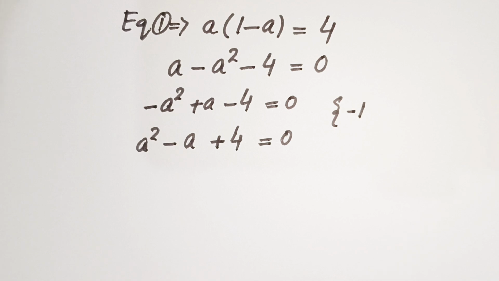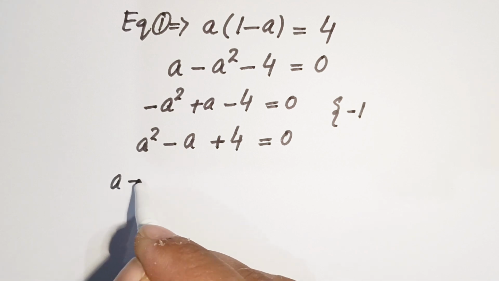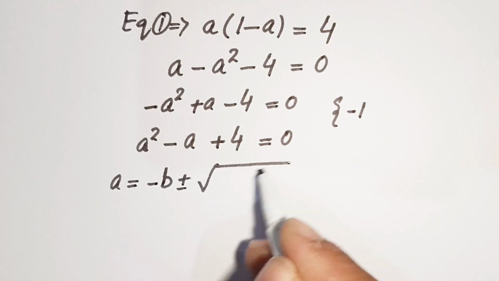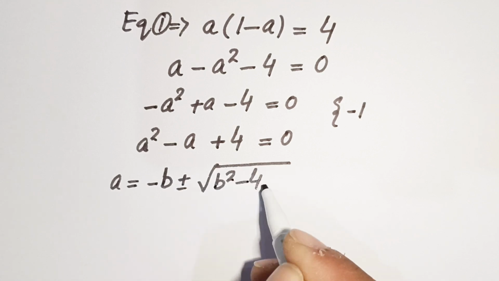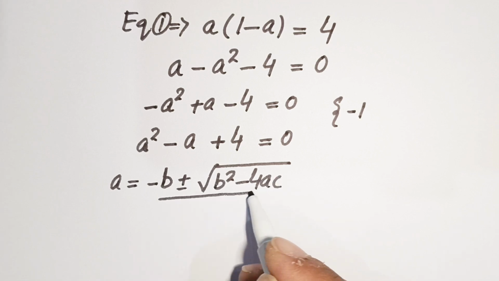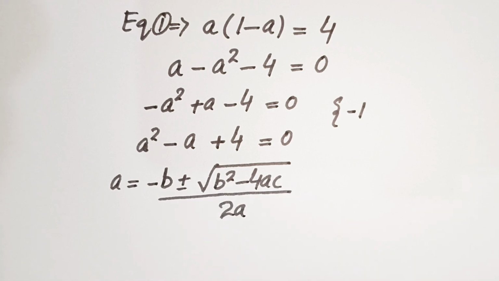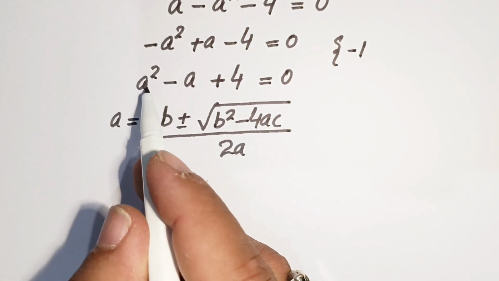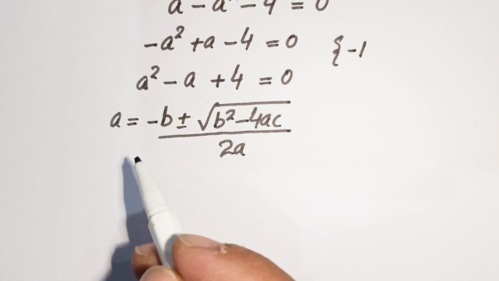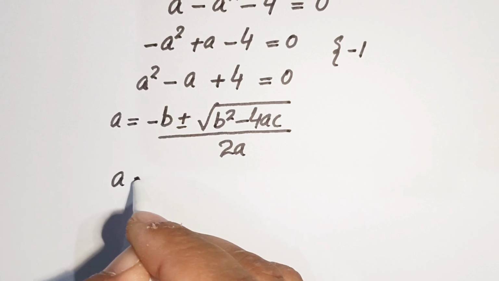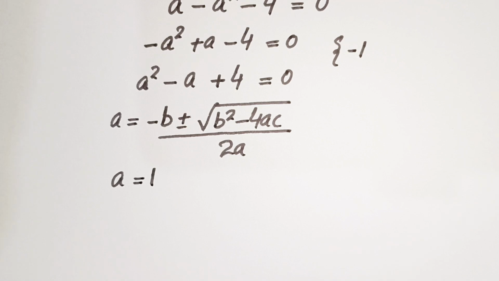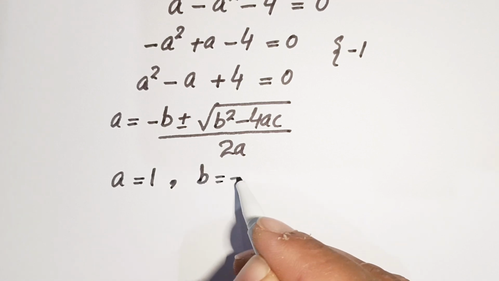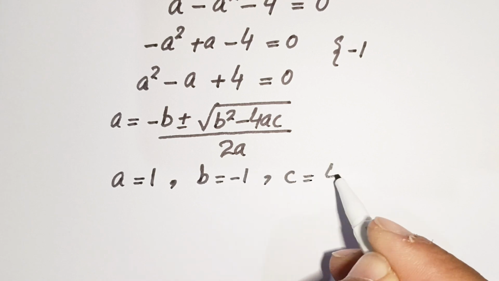So if we use the quadratic formula, as we know that a is equal to minus b plus minus square root of b squared minus 4 times a times c all over 2 times a. So now if we write the values of a, b and c, the coefficients of a squared, the coefficient of a squared is 1, so we write a is equal to 1, and here b is equal to minus 1 and c is equal to 4.